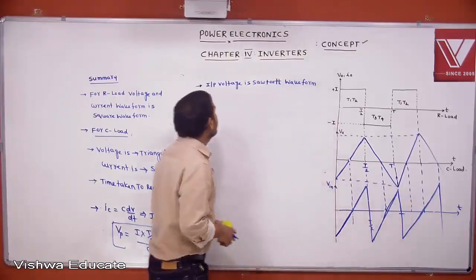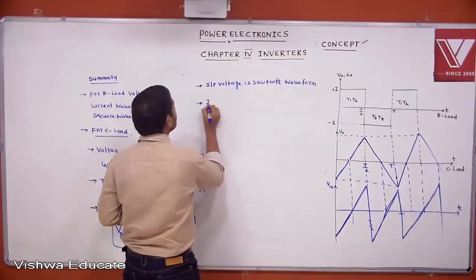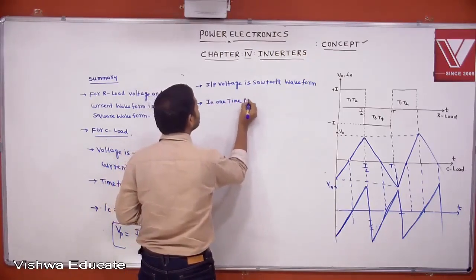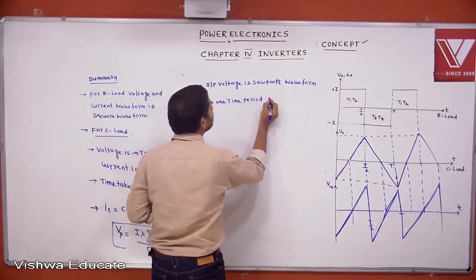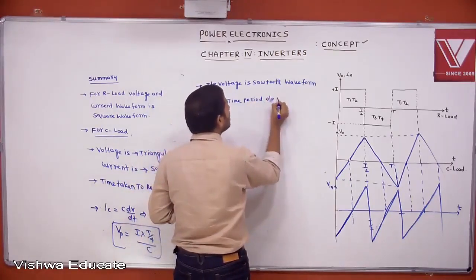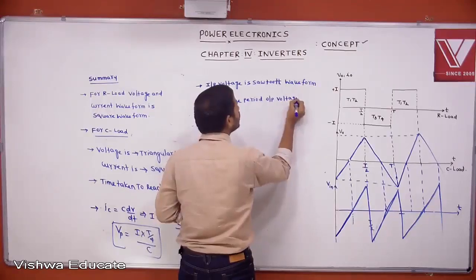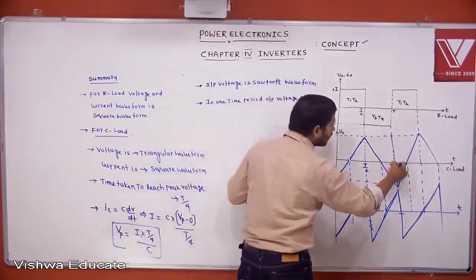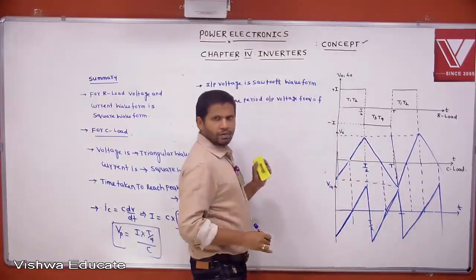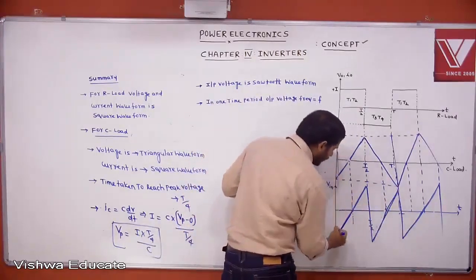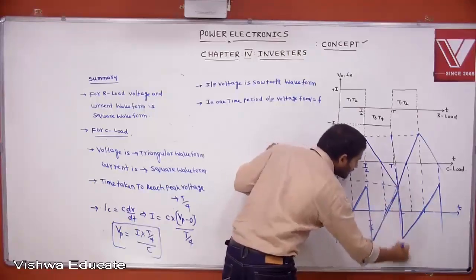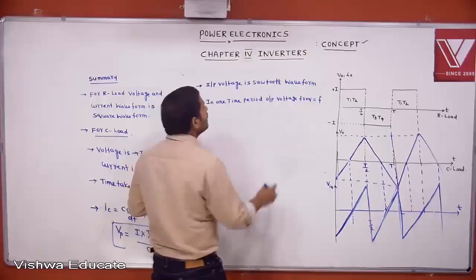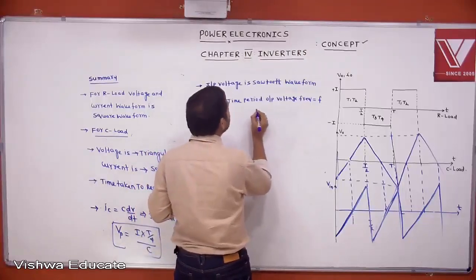That means output voltage frequency equal to F, because we are getting only one cycle. But in one time period, this is one sawtooth and this is one sawtooth. Then input is subjected to two cycles. Then input voltage frequency.